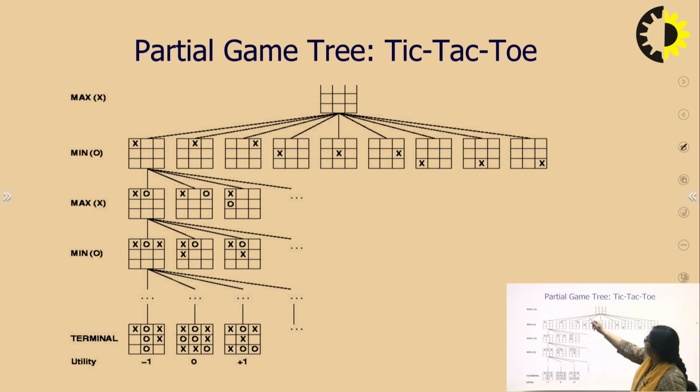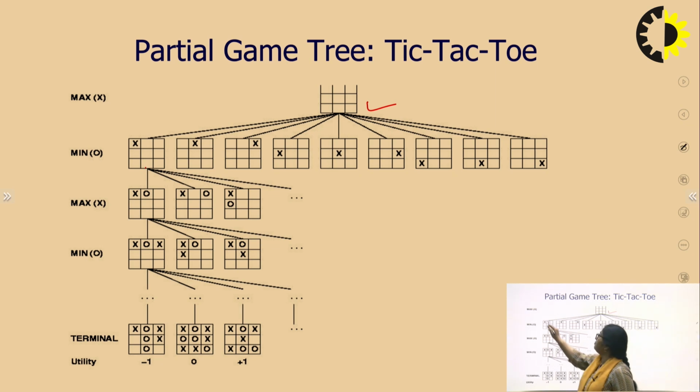So we can have 9 child nodes, 9 successors of the initial configuration. Now let me say Max put it in this situation first, and now the turn will go to Min. So let us explore the first one.